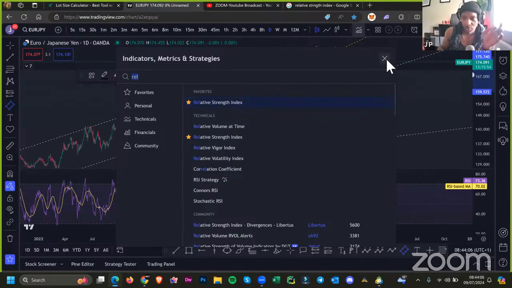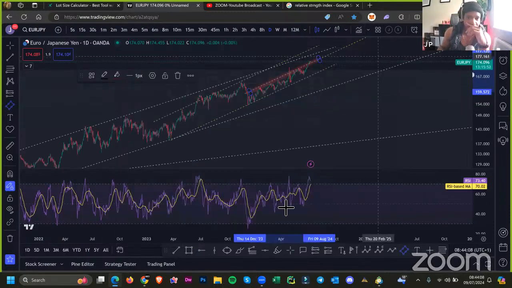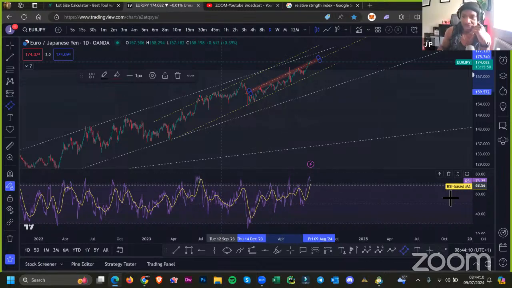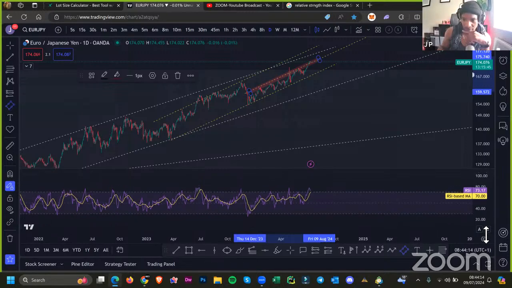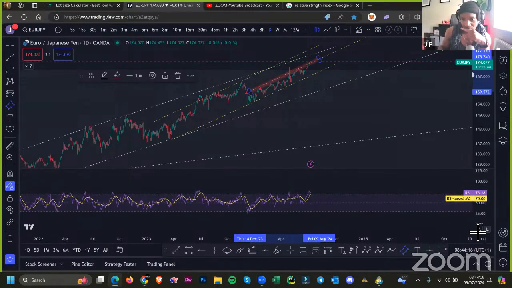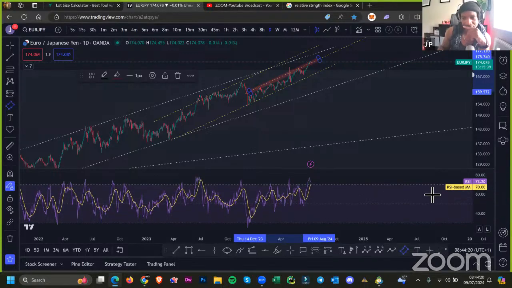It wasn't, but we can still use this one. Remember what the definition says? It oscillates between 0 and 100. So this is our 0 down here, and this is our 100 up here. But ultimately, 30 and 70 are the oversold and overbought lines.